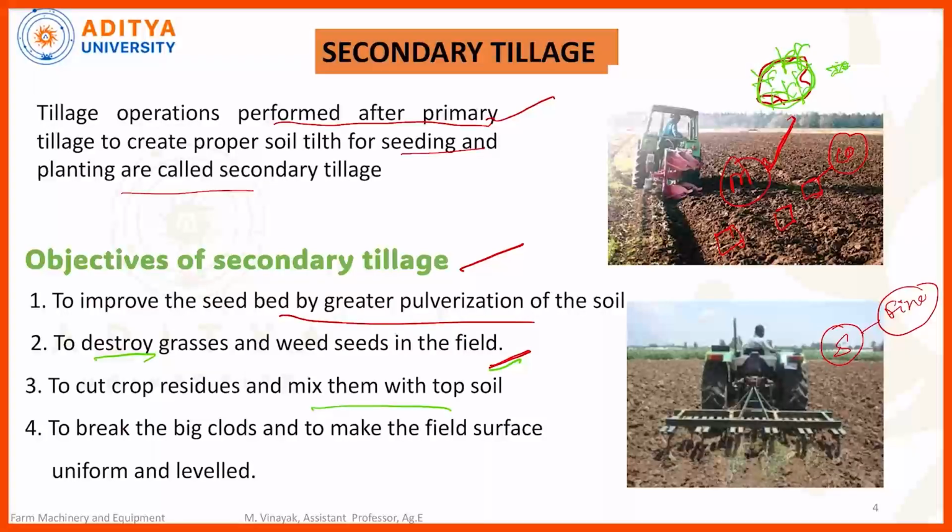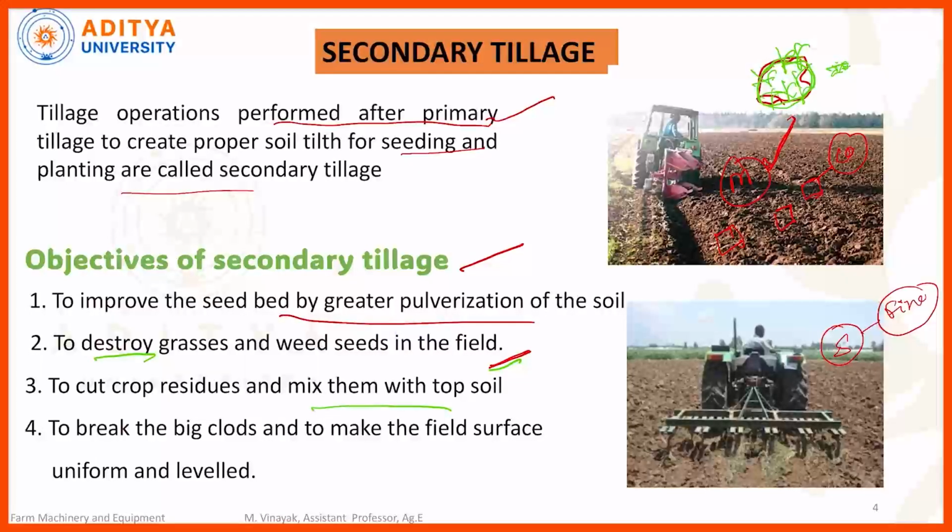By operating the secondary tillage implement, we can pulverize those crop residues and mix them with the soil. Even though we can operate with the primary tillage, it can excavate the soil but it cannot mix the crop residue with the soil.